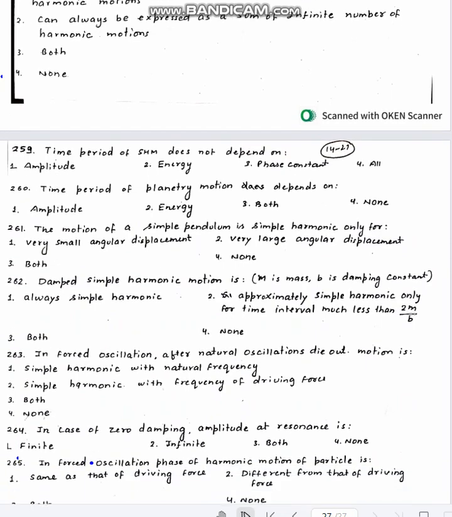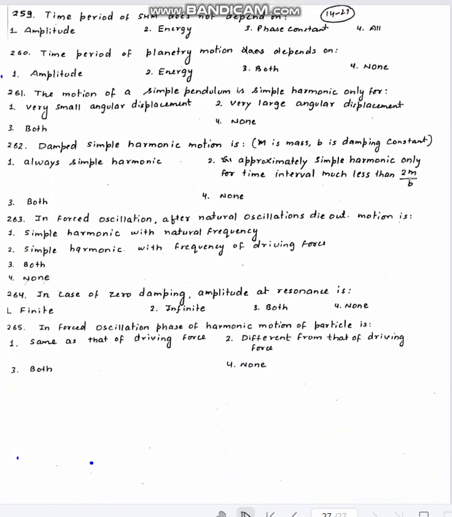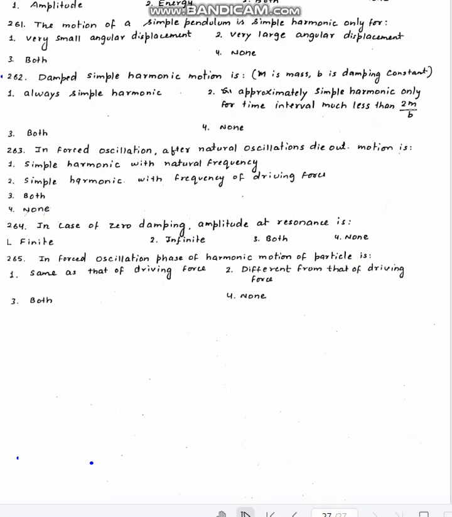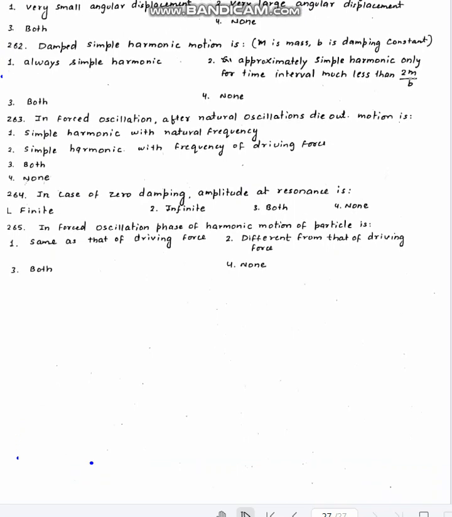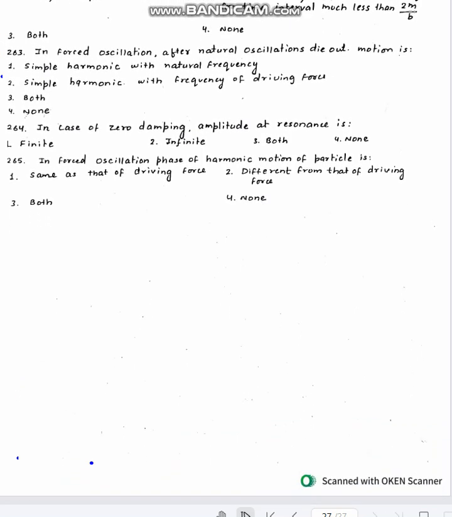Then we have time period of SHM, time period depends on motion, very small in amplitude. Then we have damped harmonic oscillation, then forced oscillation, then the condition for zero damping.